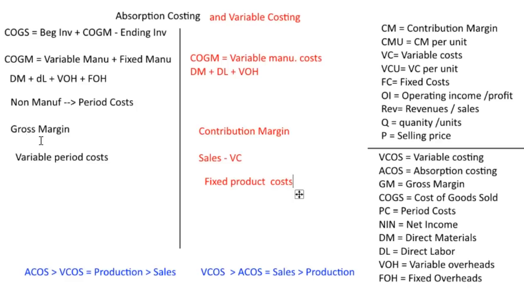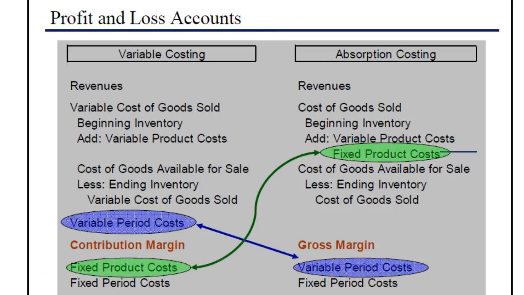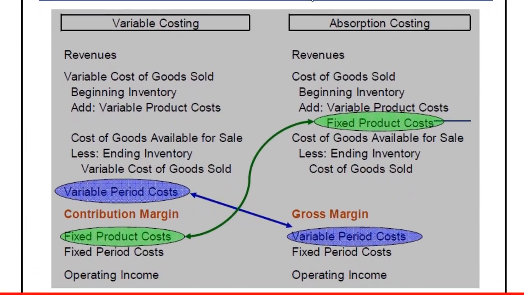Now, this part, of course, sounds a bit weird, so let me show you this graph so it all makes sense. In variable costing and absorption costing, we both have the revenues. Then you can see here how it's formed, the variable costs.